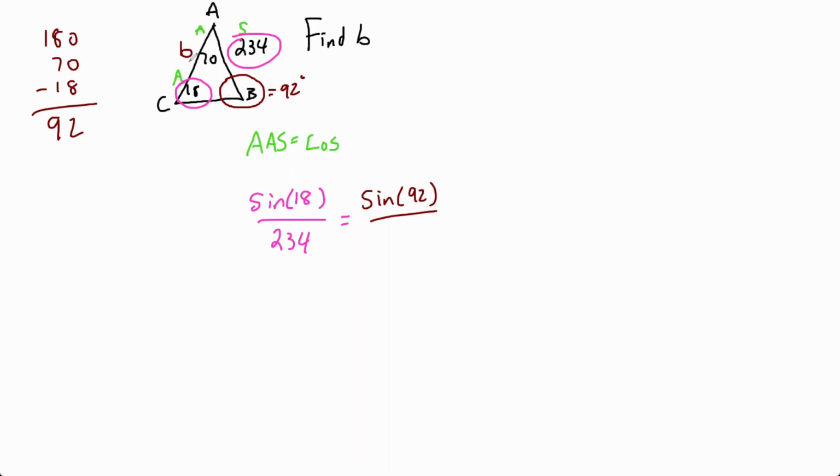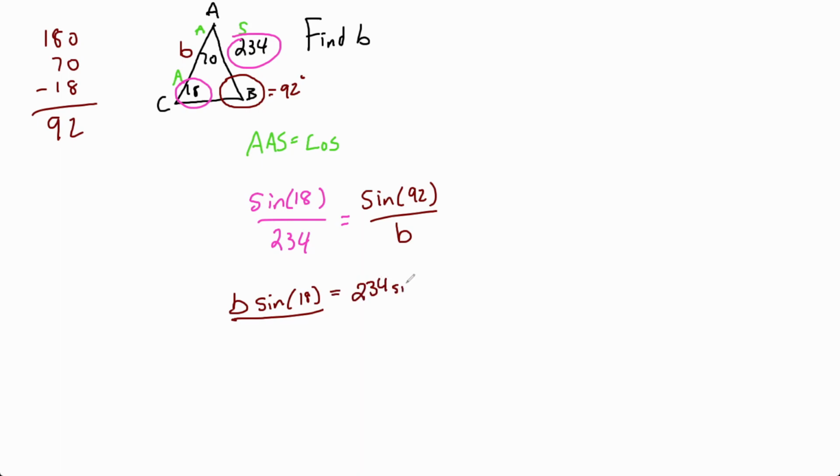And I need what is little b. Let's do our cross multiplication. Let's not even do that. Yeah, we'll do it. I was going to skip some more steps, but I don't. See, still doing it in my mind.